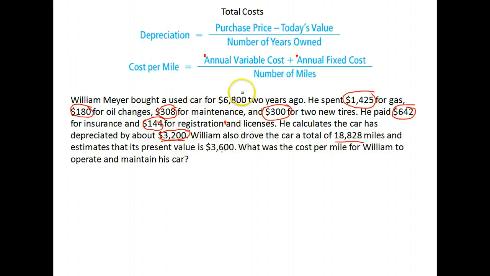So the first thing we need to do is total our costs. Okay, so we have to add all of these things up. And again, some are variable and some are fixed, but since we're totaling variable and fixed together, it's not going to matter which is which on this question.